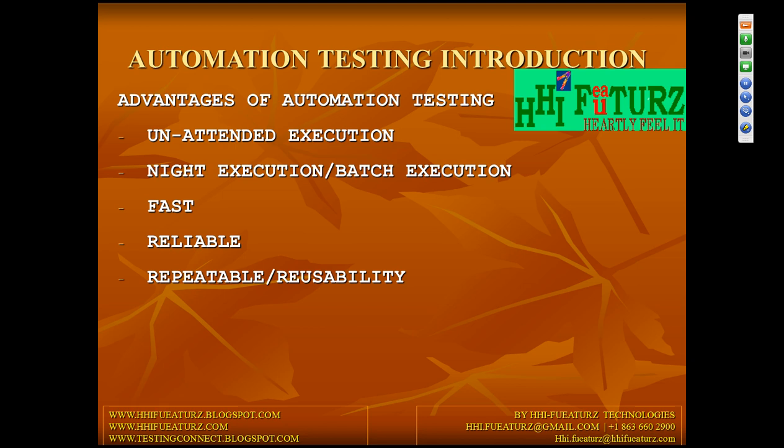For 1000 test cases: login, verify compose mail, log out; login, verify inbox, log out; login, verify chat, log out; login, verify drafts, log out. Like that, for each and every test case you log in, verify the specific functionality, then log out.